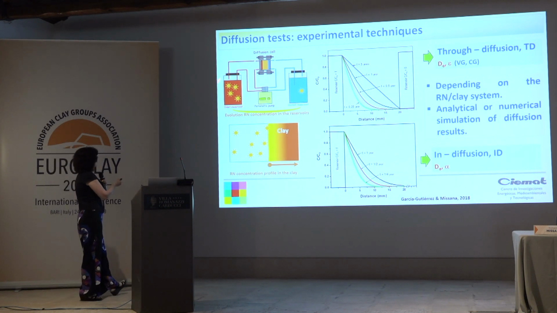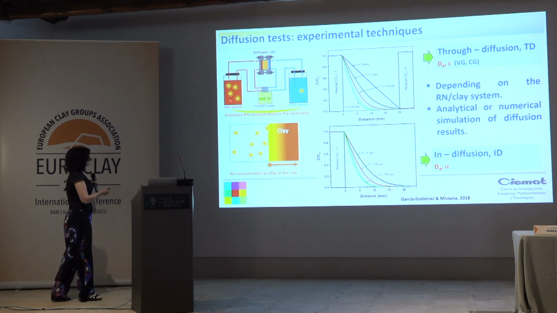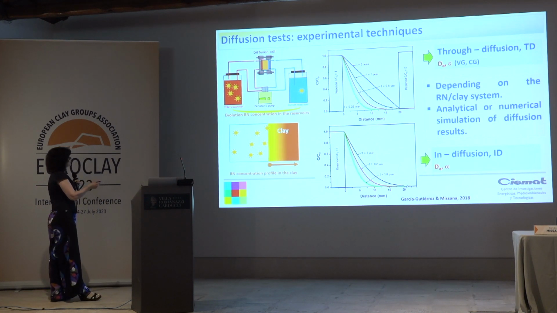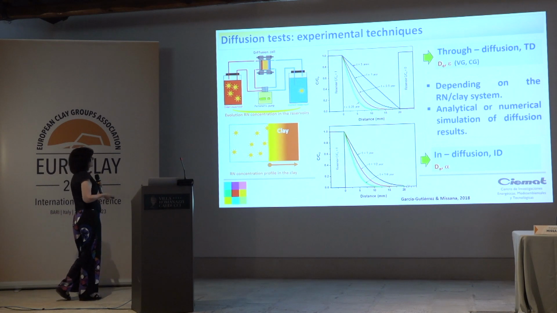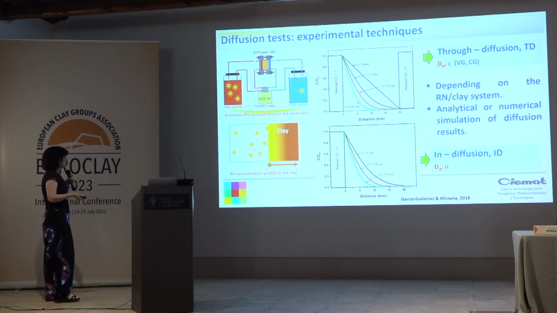So in the case of a through-diffusion experiment, we have to force the diffusion through our clay. So we study basically the evolution of the radionuclide concentration in an inlet and in an outlet reservoir. And we can maintain here a constant gradient or a variable gradient, depending on the system or the type of experiment that we have to do.